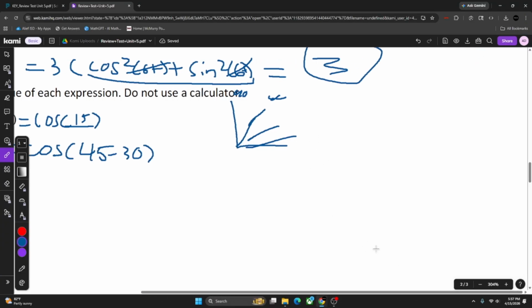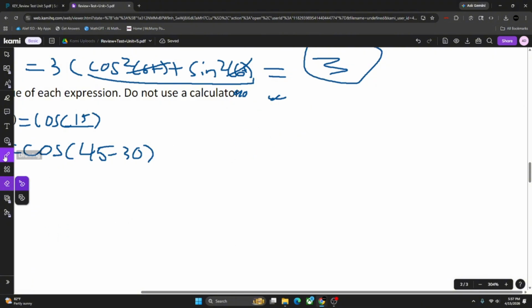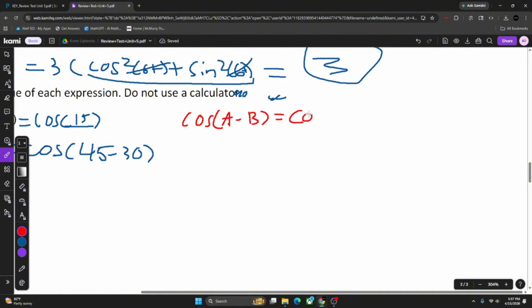Let me just write it down in a different color. Actually, let me get rid of this. Cosine alpha, B. Alright, guys, it's a lot of writing. Oh, no plus.